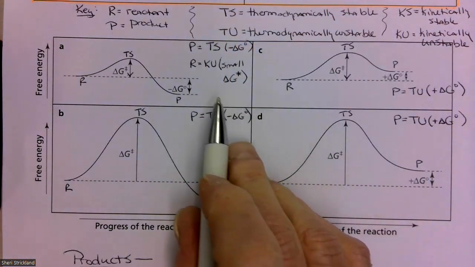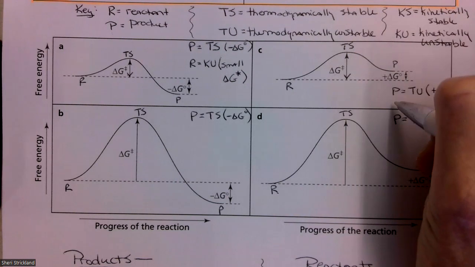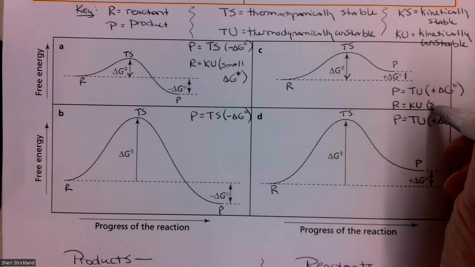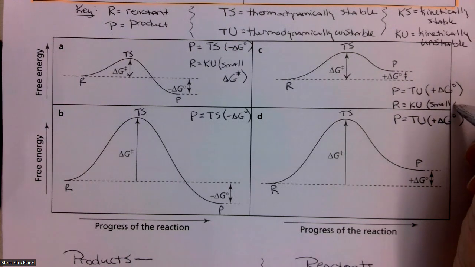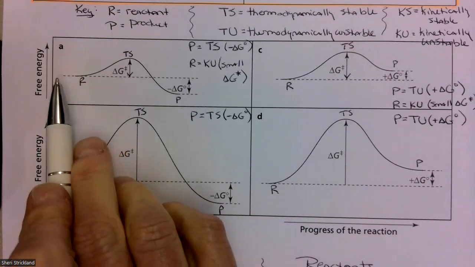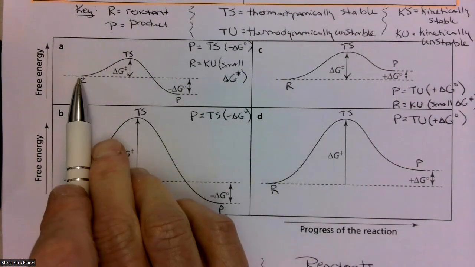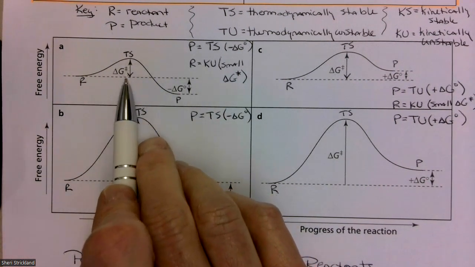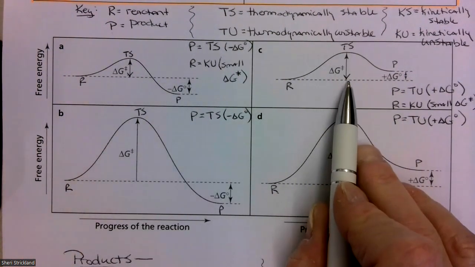All right, so this one also, a relatively small value of that energy barrier or energy hill. The reactants will turn into products faster when you have a small value here.